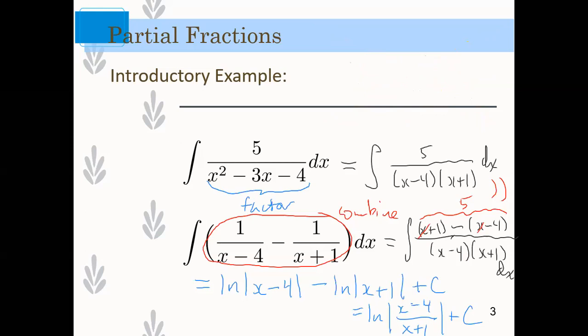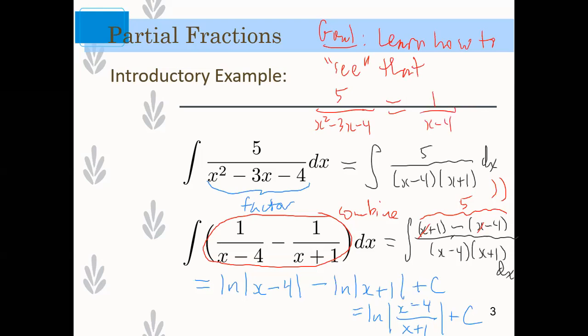Learn how to see that 5 over x squared minus 3x minus 4 is indeed equal to the other thing, because if I could somehow transform this into the other thing, I would be good. Does that make sense? I would then be able to do the integral. Learn how to see that that thing equals 1 over x minus 4 minus 1 over x plus 1.